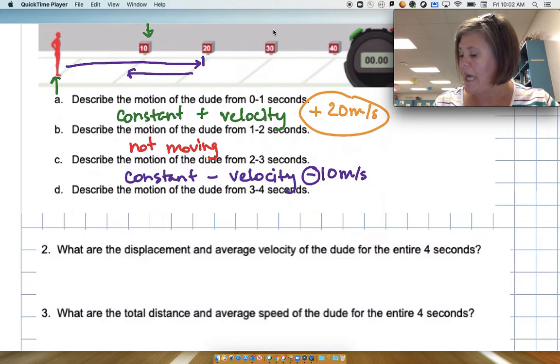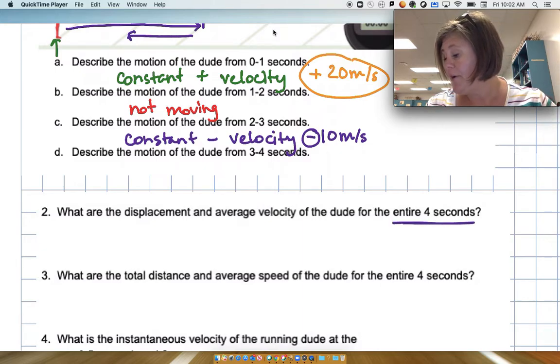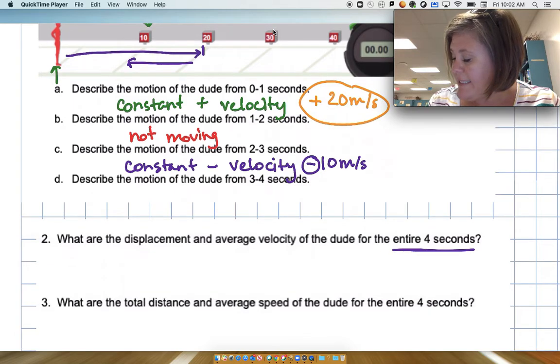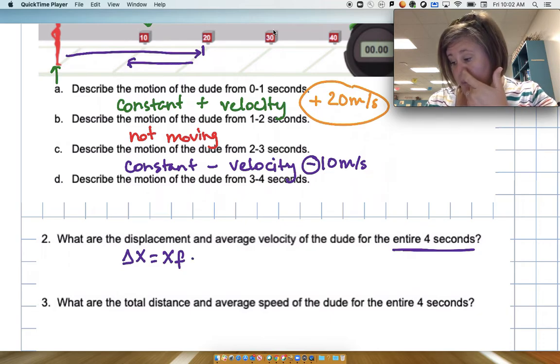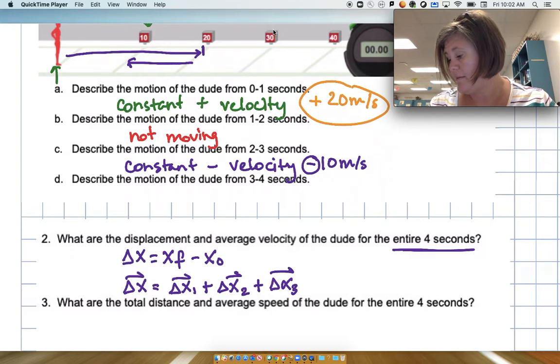I want to point out a couple of other things. Number 2 says, what are the displacement and the average velocity of the dude for the entire 4 seconds? Okay. Now, remember, displacement is that vector quantity. To find the displacement here, you could do it either way. You could do the final position minus the initial position, or you can add up all of the individual displacements, okay?